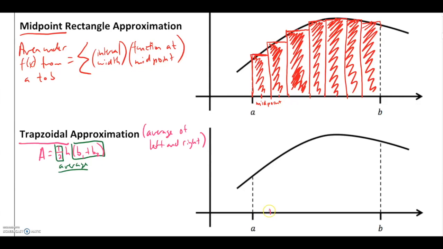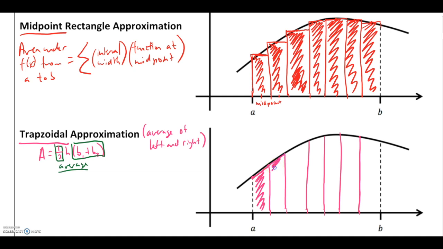And so visually, we think about function values at the ends of those intervals, but now instead of making rectangles, we're going to be creating a different shape. We're going to be closing off our shape by connecting the function values at the top of the left side and the top of the right side and creating trapezoids.